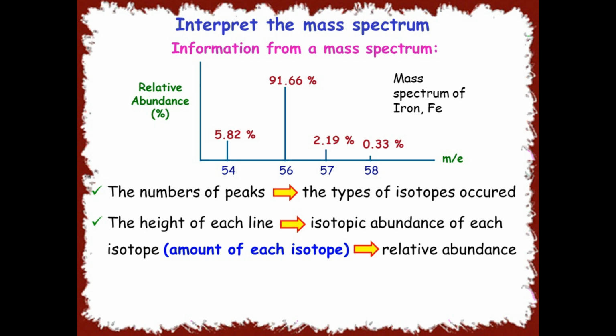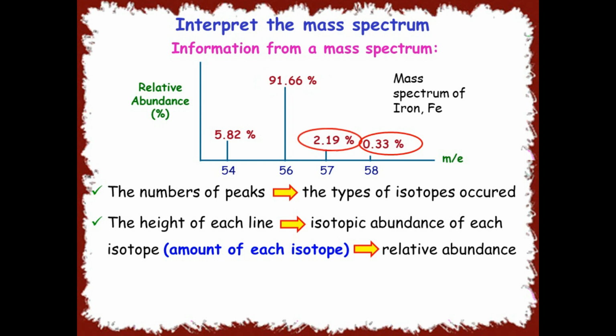The height of each line is the isotopic abundance of each isotope, which is the amount of each isotope, also known as relative abundance. The relative abundance of iron-54 is 5.82%. Iron-56 is 91.66%.